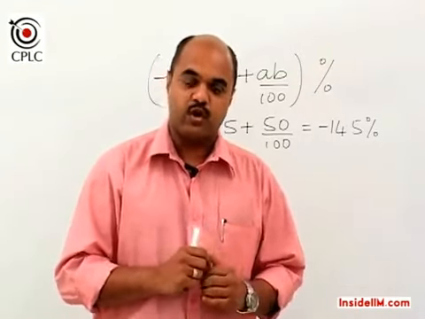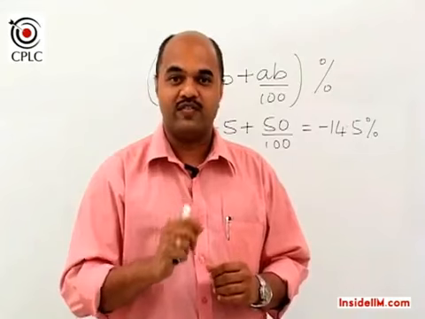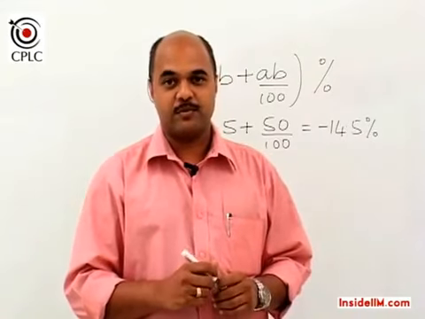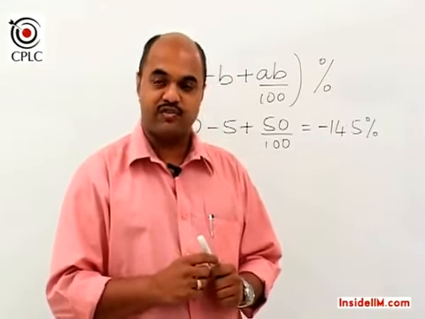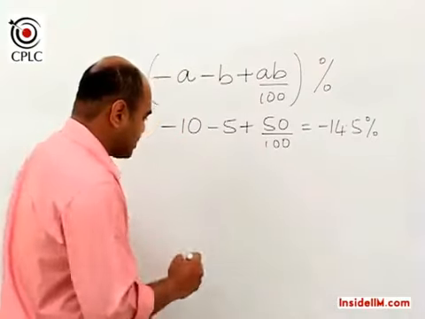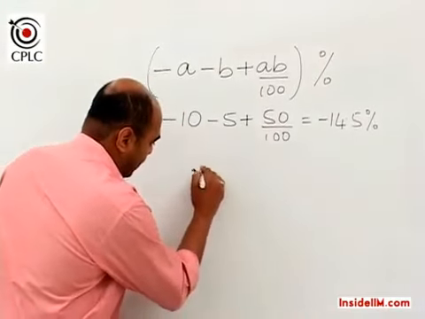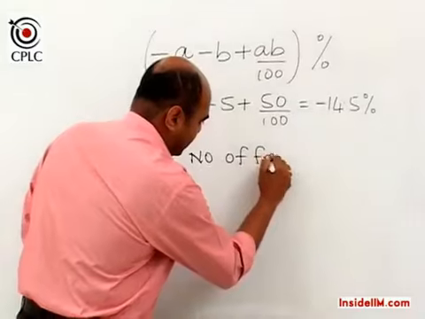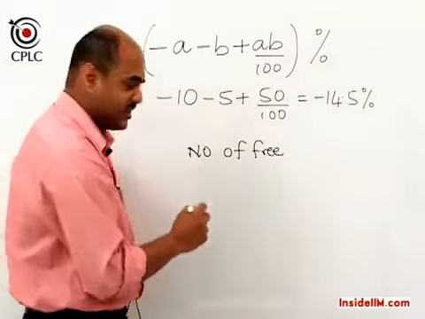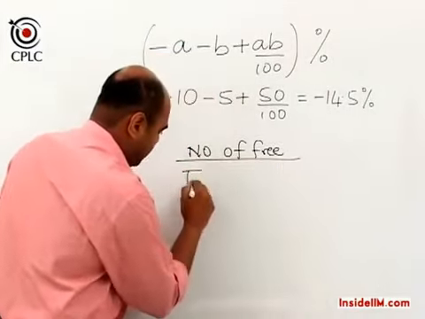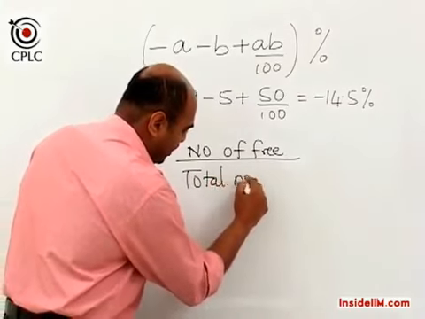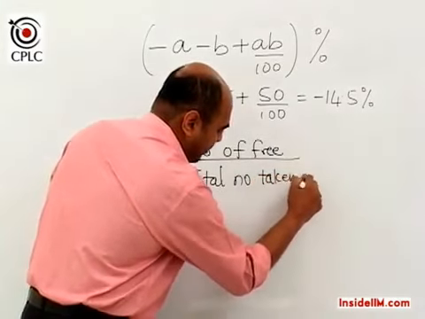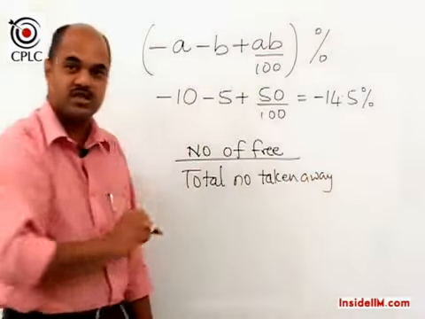Now out of these 4 articles, I have got 1 free. And hence if I want to find the percentage discount in this case of freebies, the percentage discount would be number of free articles, which in this case is 1, divided by the total number taken away, which in this example was 4.